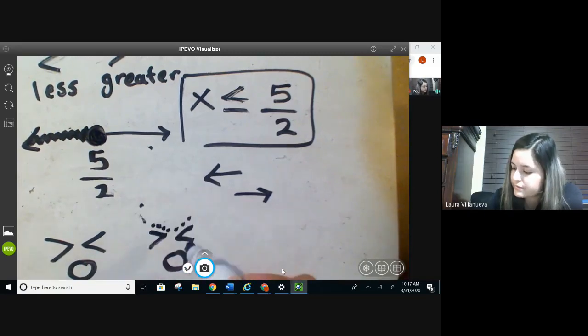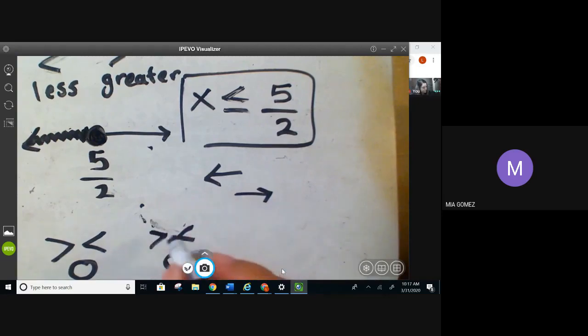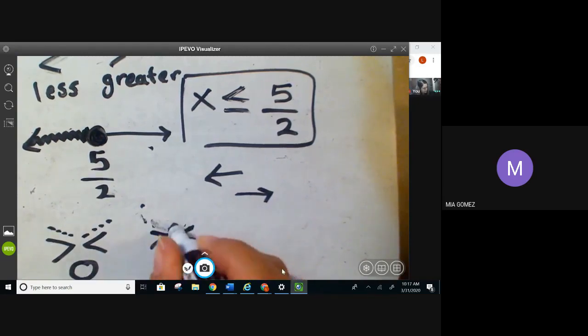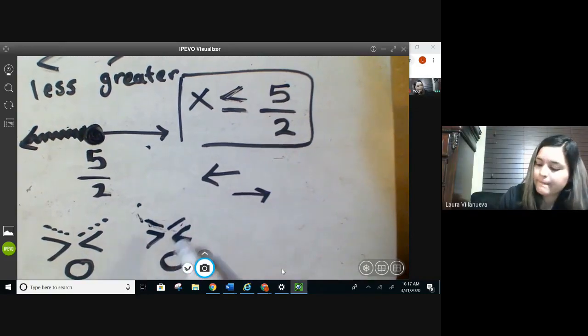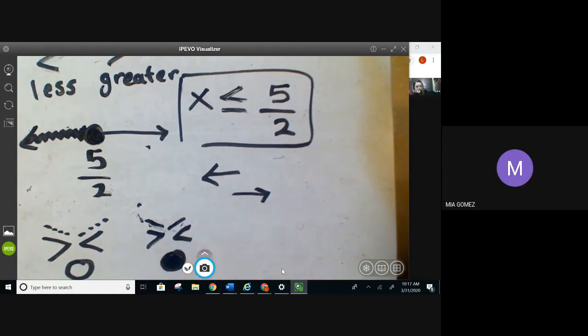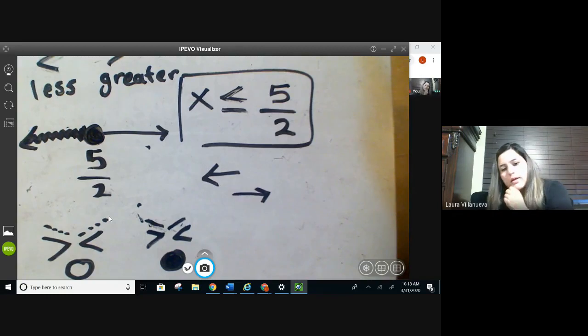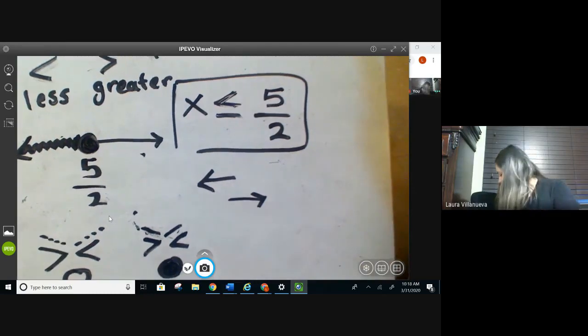Do you remember that one? These are the ones with closed circles because it has a little line. And this one is open. And since it's open, your line is going to be dotted. Okay. Are you good so far?